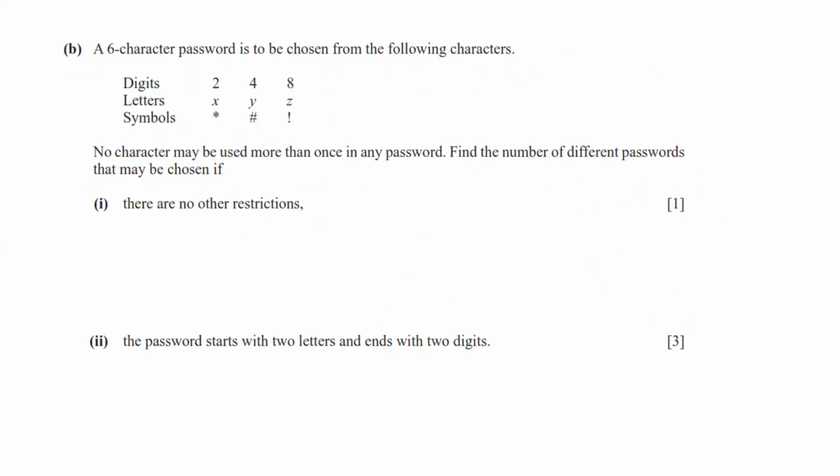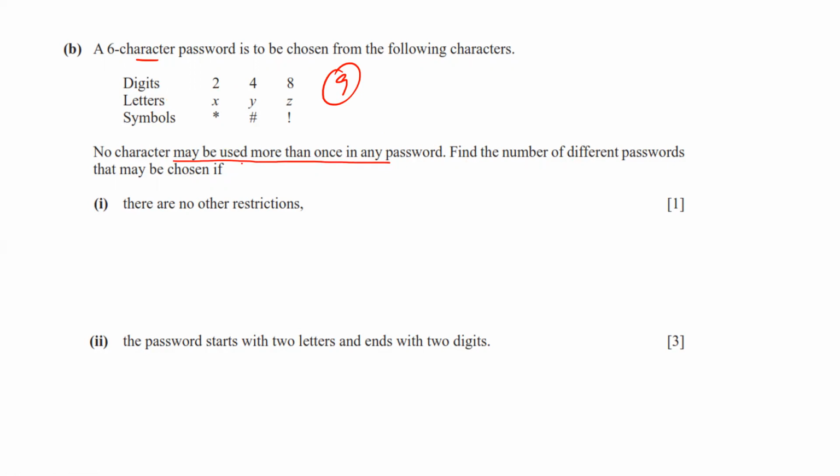Then in part B, it says a 6-character password is to be chosen from the following characters: digits, letters, and symbols. So there are a total of 3 into 3, 9 of these characters. No character may be used more than once in the password, so this is our restriction.